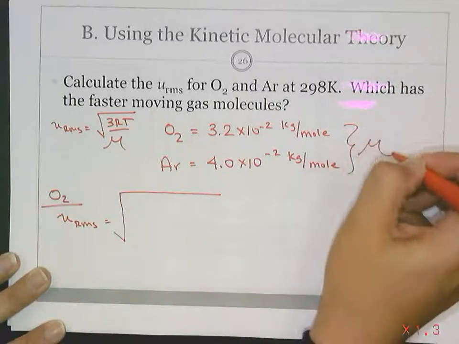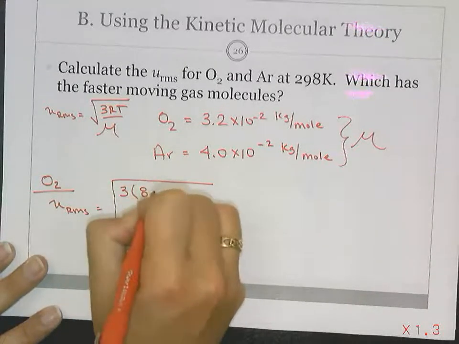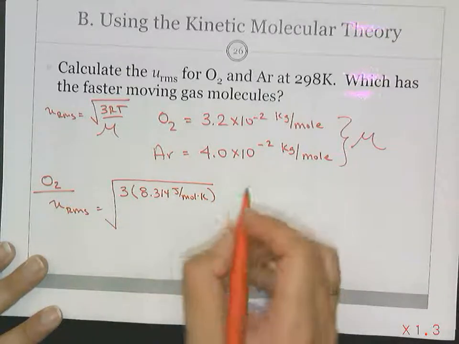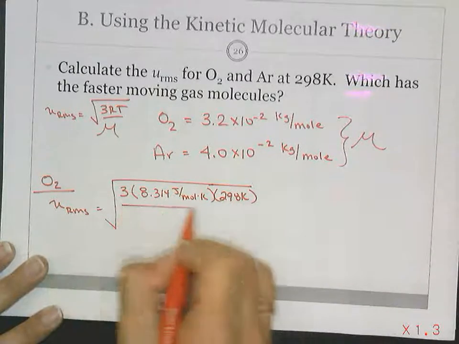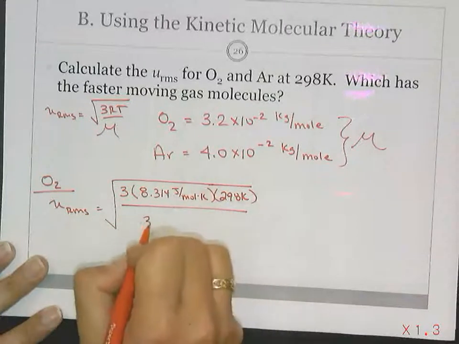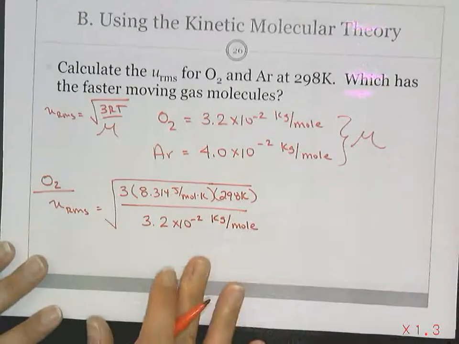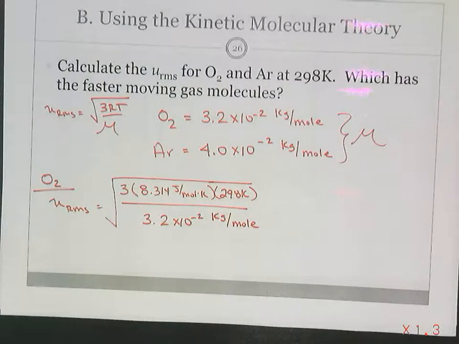So we plug in 3 times the gas constant times 298 Kelvin over oxygen's molar crazy mass. So 3 times the gas constant times temperature divided by these molar masses. So this is just oxygen. All right, moles cancel out. Kelvins cancel out.